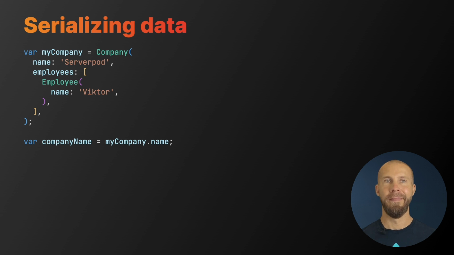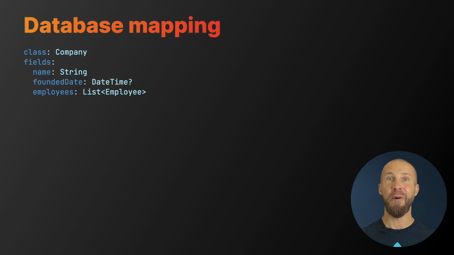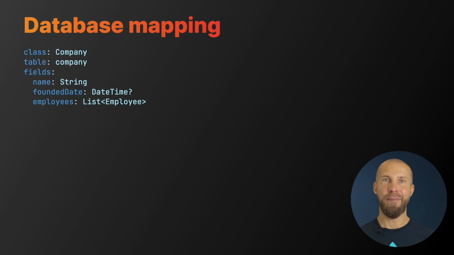What's really sweet about the model files is that they can be mapped to the database using Serverpod's Object Relation Mapping, or ORM. This makes it easy to store and retrieve objects. Just add a table keyword to your model file to bind a model to the database. The value of the table key is the name of the database table.